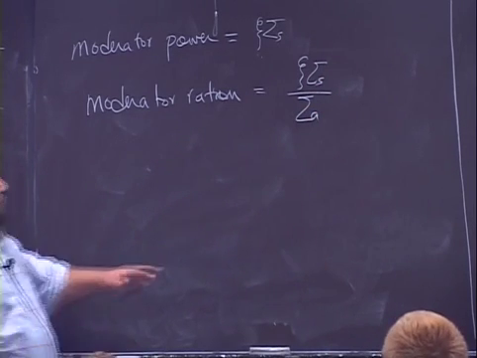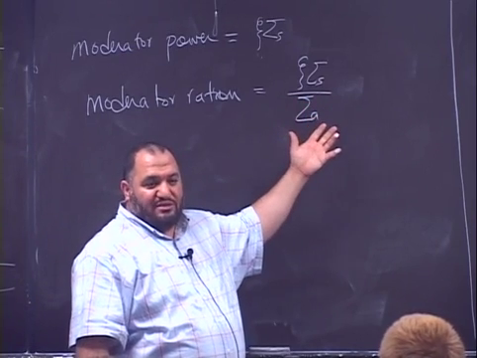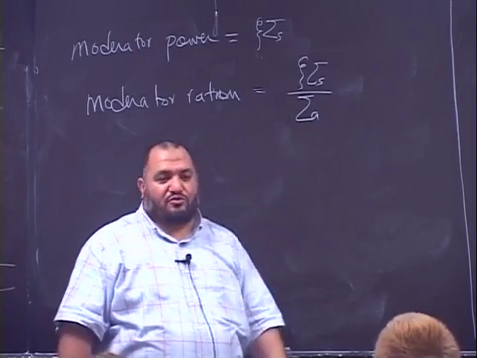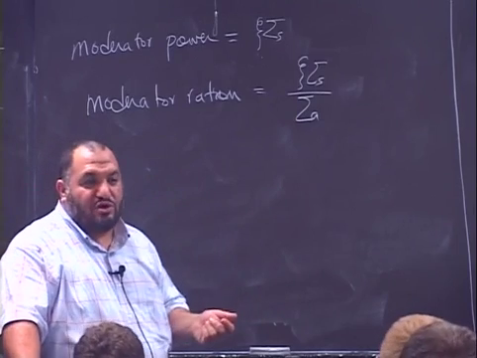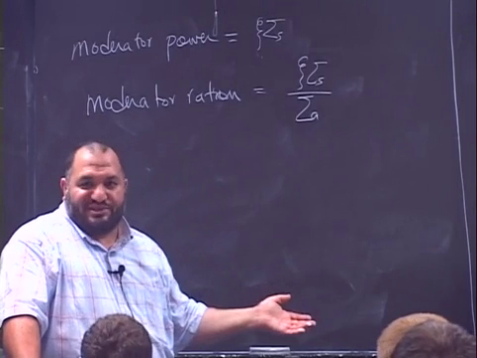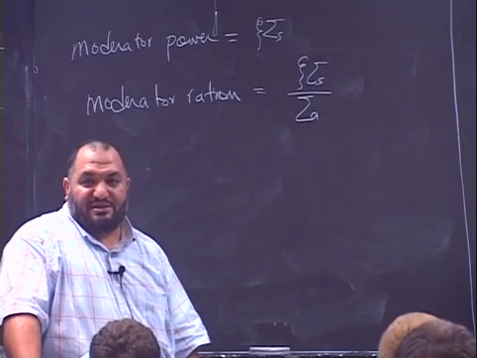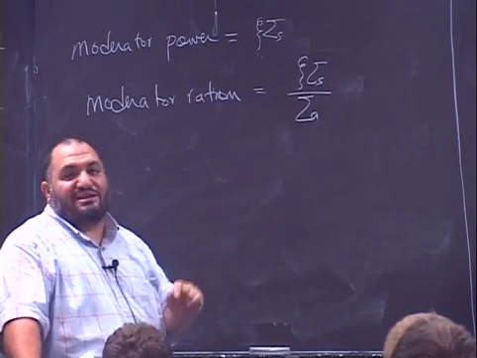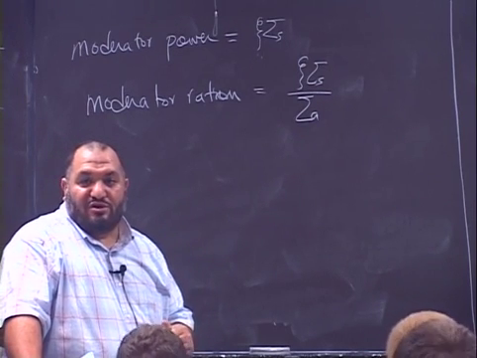And if you look for all moderators in the book, you will notice that the best moderator is not the hydrogen, it is the deuterium. Why? Because sigma absorption for deuterium is 10,000 times less than sigma absorption for hydrogen. Although hydrogen in one collision can knock the neutron to zero energy, it still absorbs, so it's not as effective as the heavy water. And again, you will notice that sigma scattering for heavy water is way smaller than sigma scattering for hydrogen.